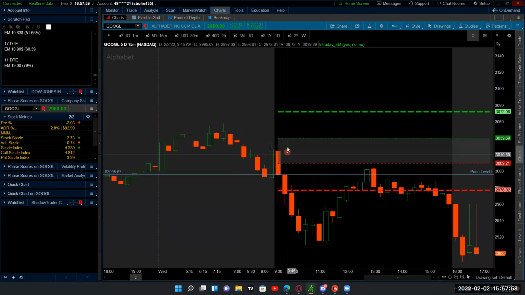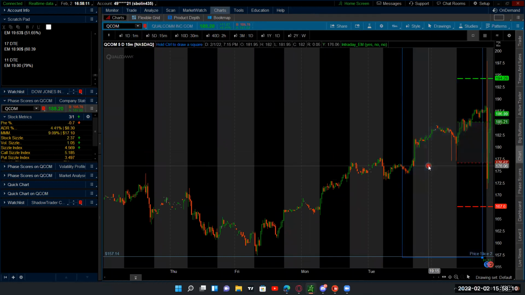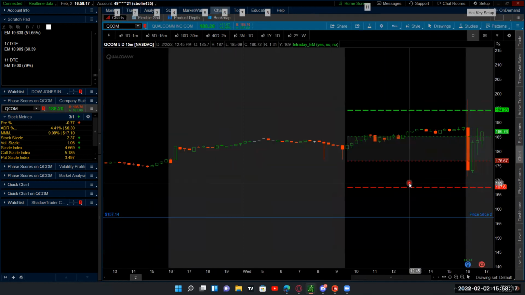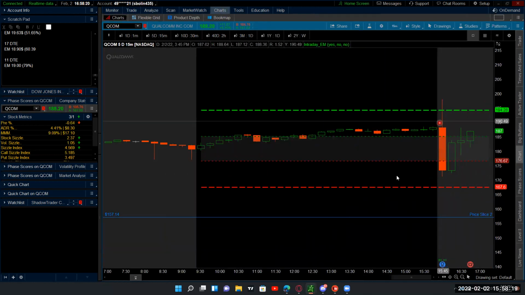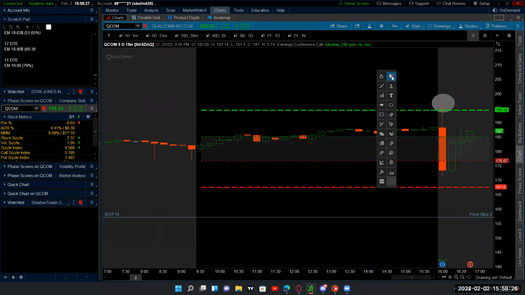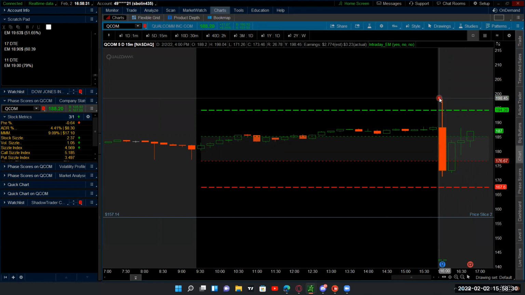The probable range is in gray. The implied range is the greater one. There's Qualcomm. So far, even though it looks like a blowout move, it wicked outside of the range, but it's still in the range. Square root of time.